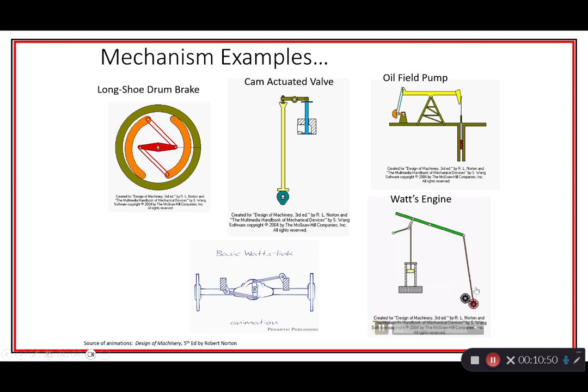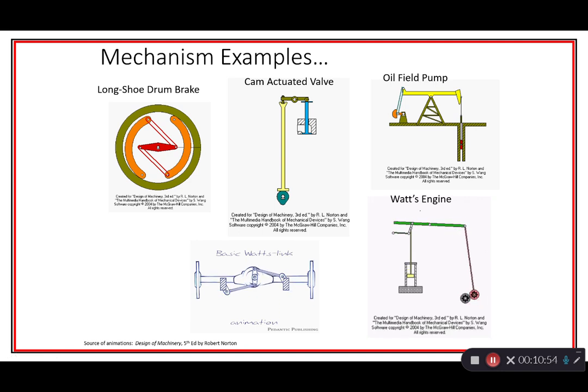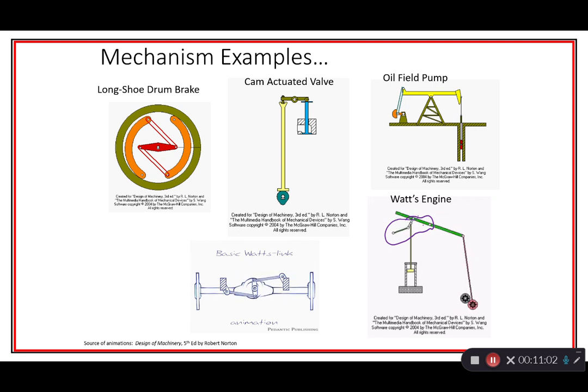Here's a video of one that's a really important one. This is on the Watt steam engine, and interestingly, that right there is considered a mechanism that was designed by James Watt, so that this right here would be as straight up and down as you could possibly get, so they wouldn't have as many problems with the seal in the steam engine.